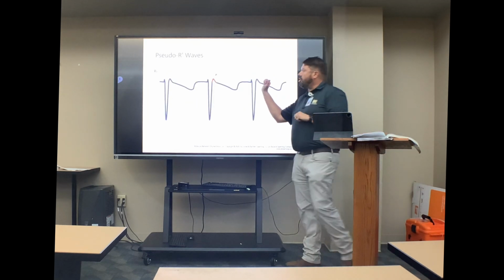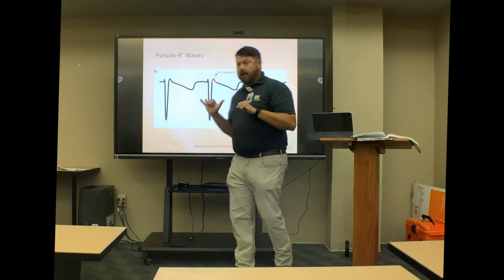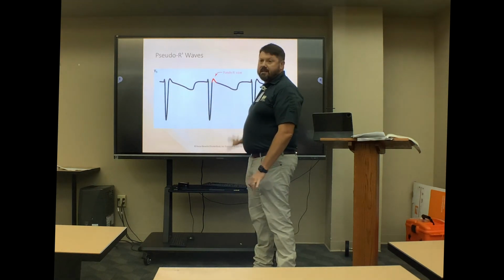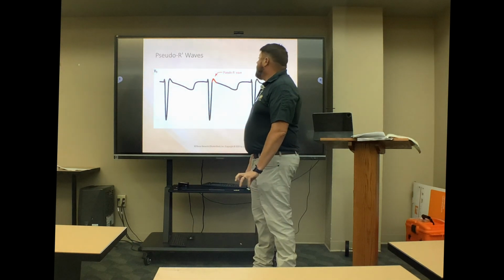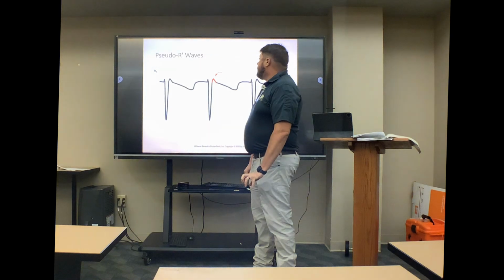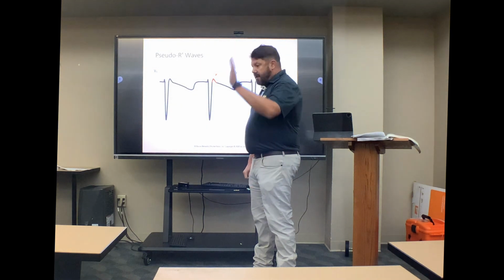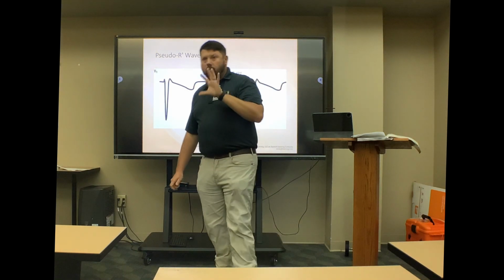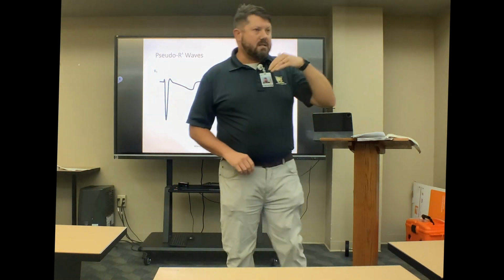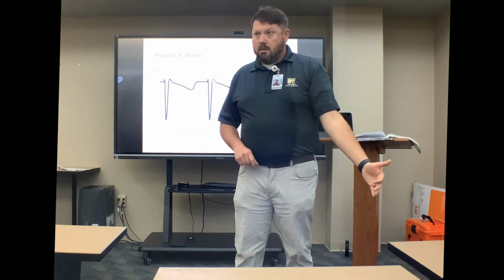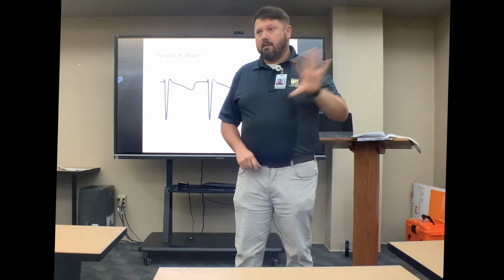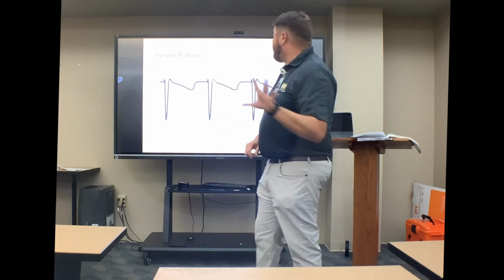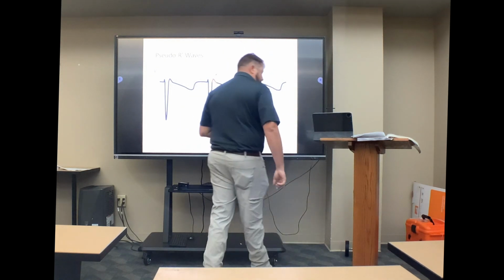The pseudo R wave's a little harder to see, and we're not going to see these as much right now. But we know that it should be a real sharp S wave, and if it's a little bit slurred, especially if it doesn't have a P wave before it and follows the other rules of junctional, then that's what it's typically going to be.